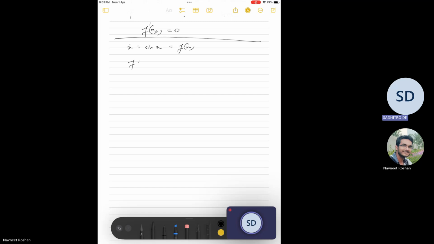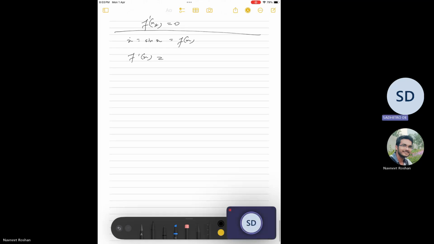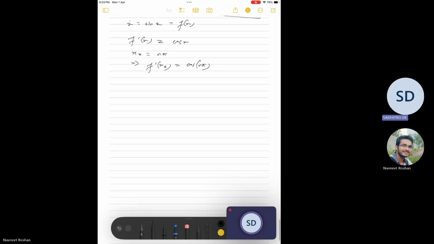So we have f dash of x is equal to basically cos of x, right? And we had x star equal to n pi, which were the fixed points, which means that f dash of x star is equal to cos of n pi, right?